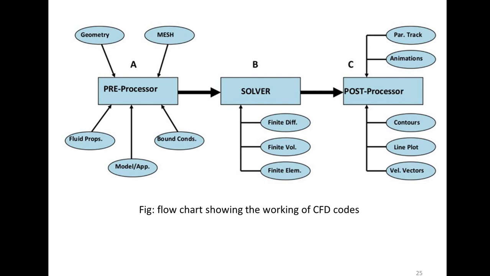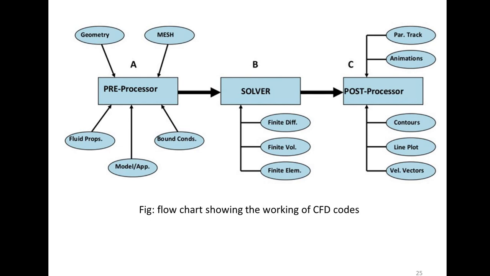Here are different popular softwares such as ANSYS. Within ANSYS, there are two softwares that provide fluid-related problem solving, and these two are Fluent and CFX, and the most popular one is Fluent.